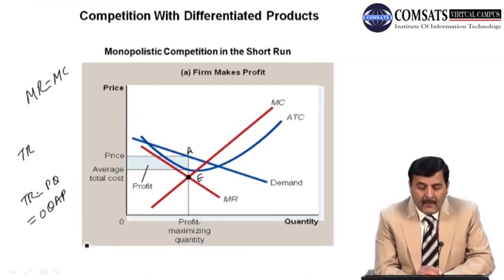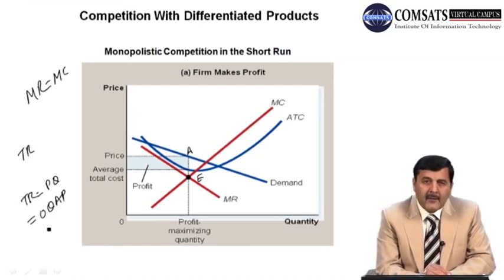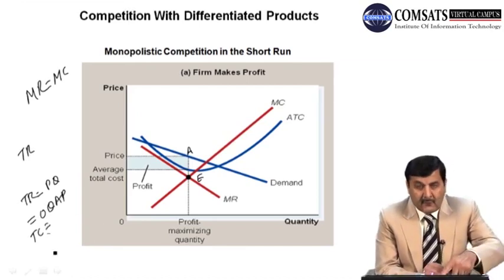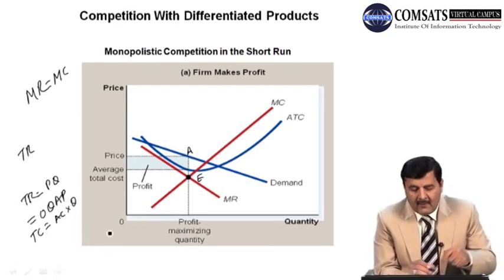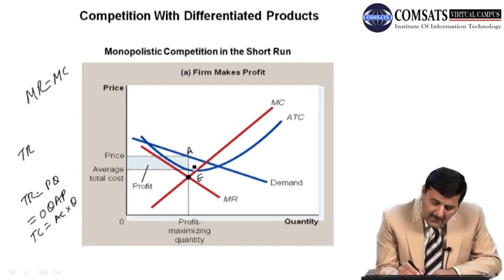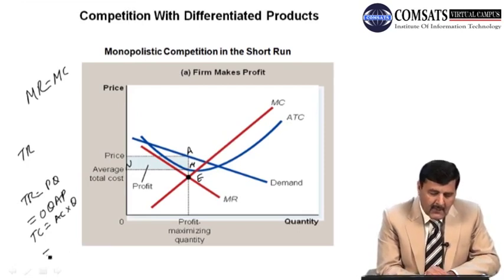Now similarly, for profit we need to find total cost, that total cost is equal to average cost into quantity produced. So here average cost is this one, and average cost curve को यहाँ पे intersect करा है at point like we call it M, and here we call this point N. So total cost will be equal to OQMN.